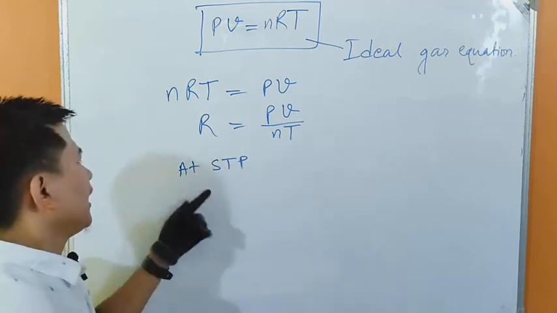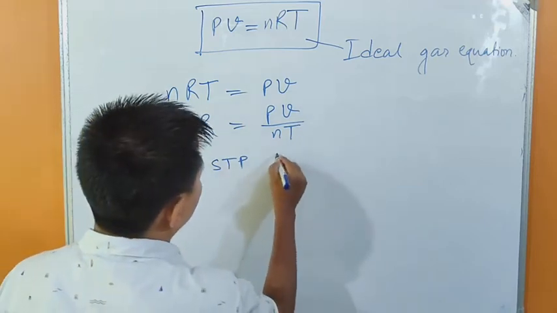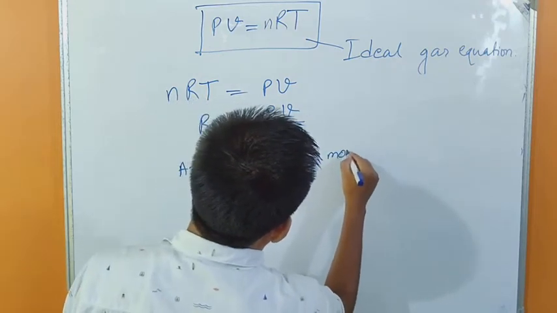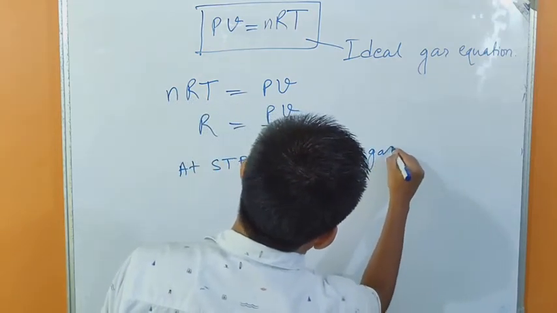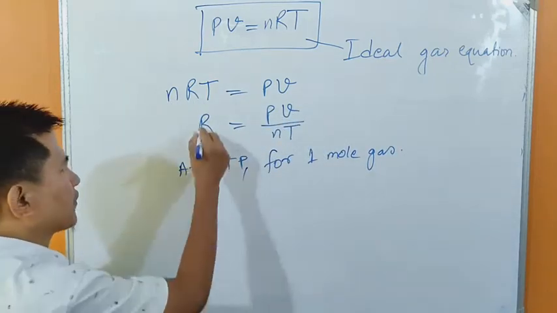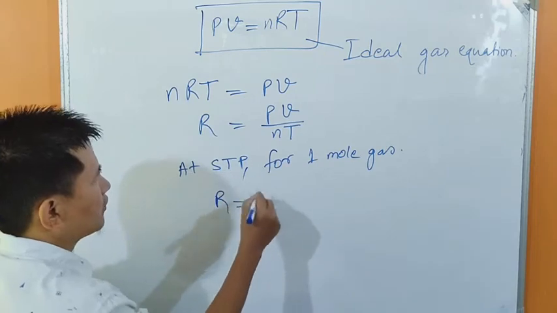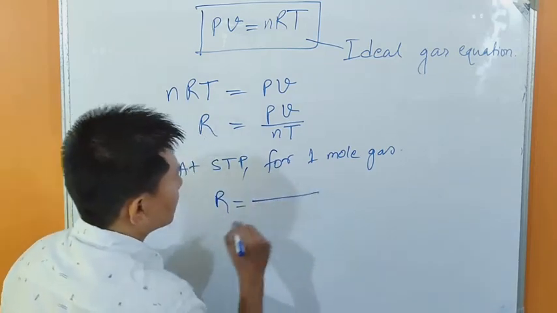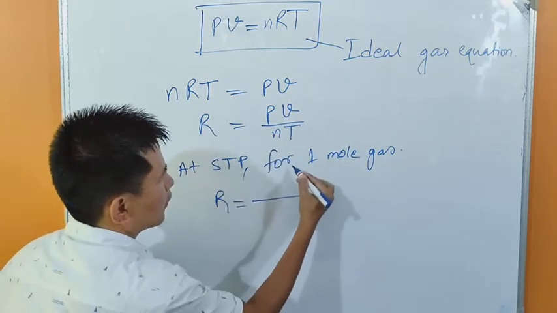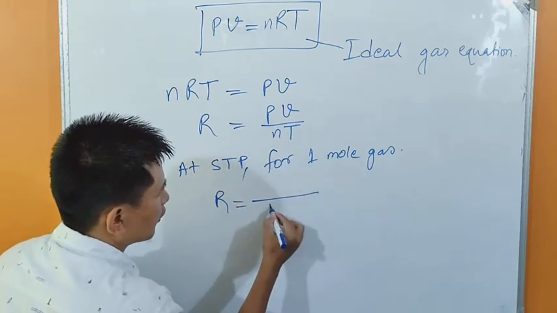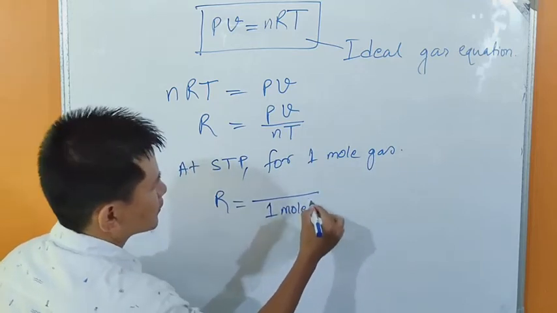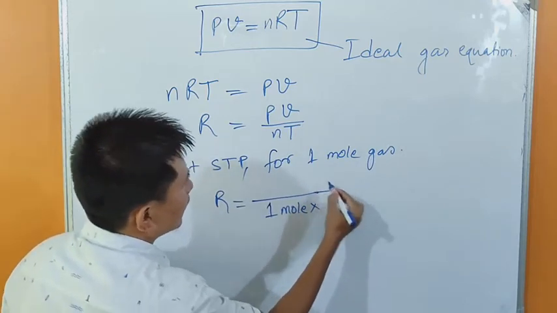At STP, we are taking 1 mole of gas, and we find the value of R. First of all, I write the value of n. n is the number of moles, and we have considered 1 mole of gas, so the value of n will be 1 mole, into T.